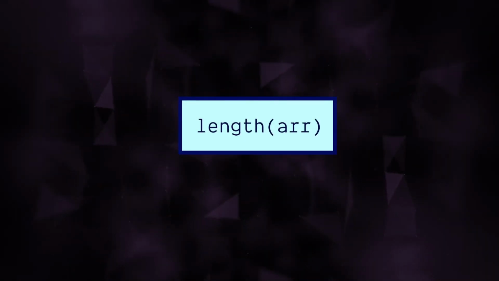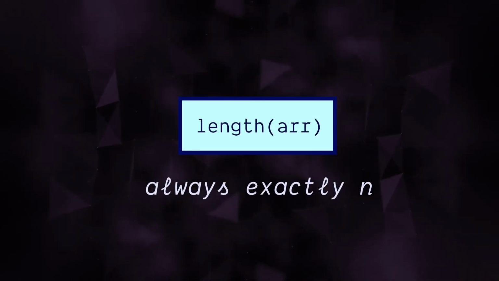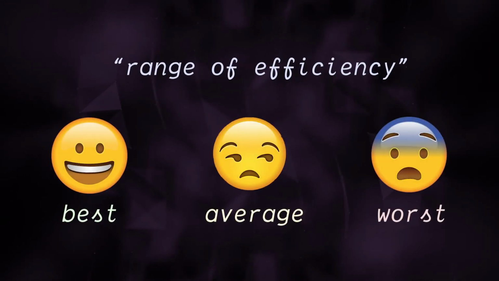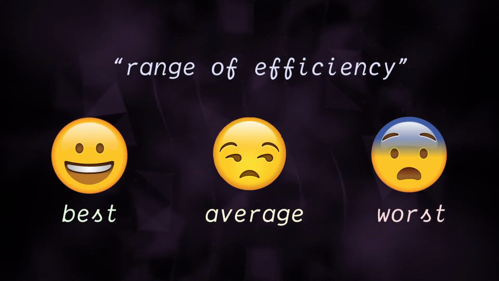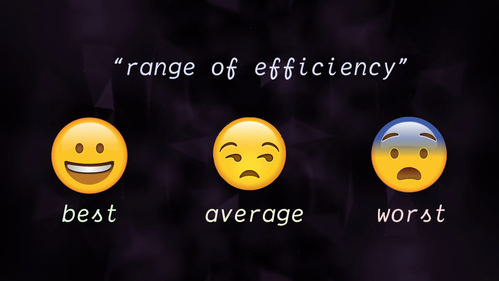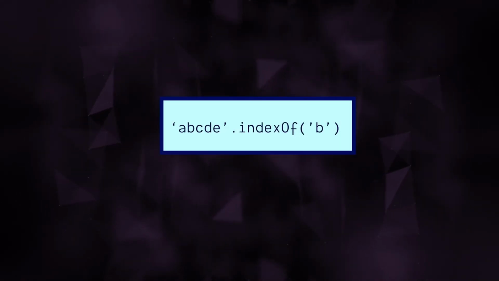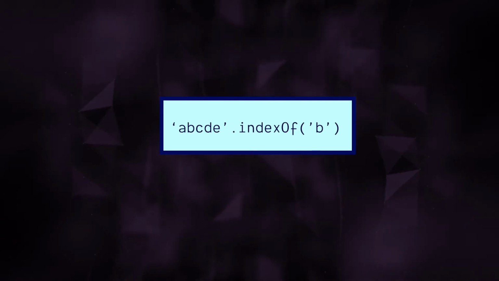So the length function we just did is a nice clean example because we always increment the counter n times, one for each iteration of the loop. But in most cases, functions have a range of efficiency instead of an exact efficiency every time. Let me explain that with another example. Let's use the index or the index of function, depending what language you're using.